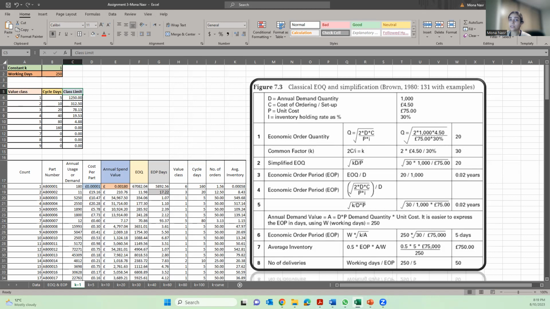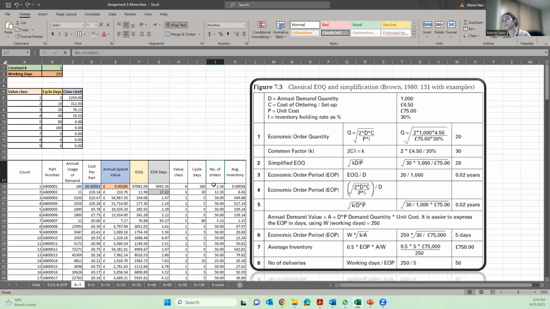The class limits are essentially the values that separate one class from the next. Here we can divide the items into equal intervals based on our criteria. You can see the formula here, and we have reached this number as class limits.